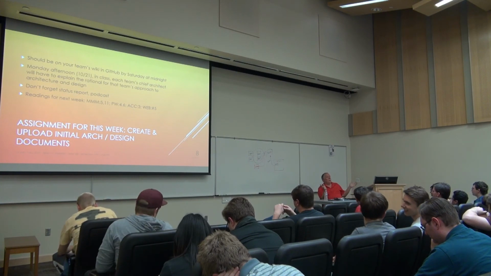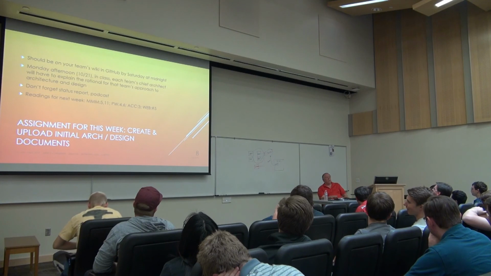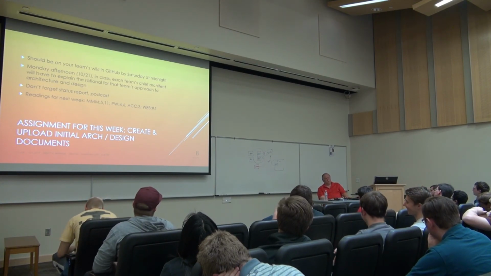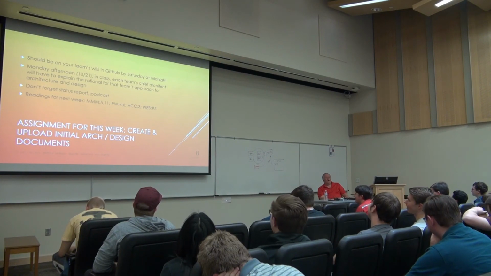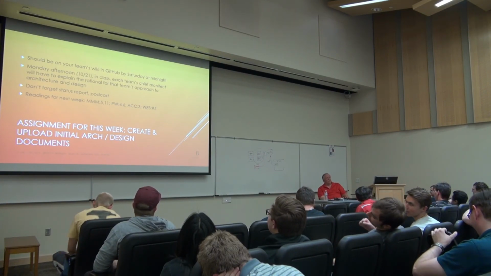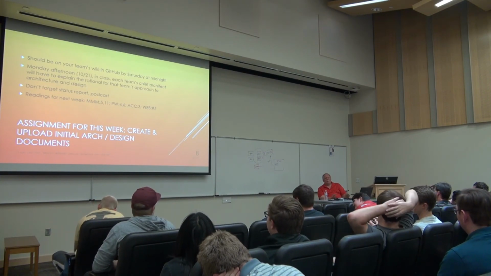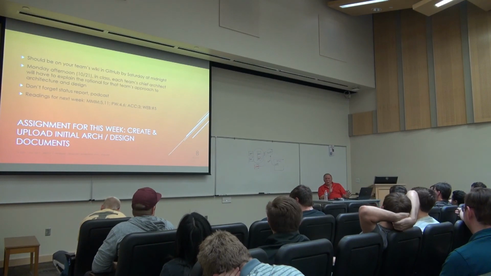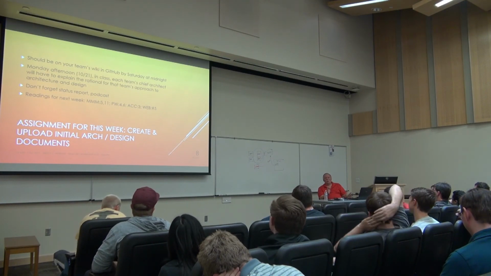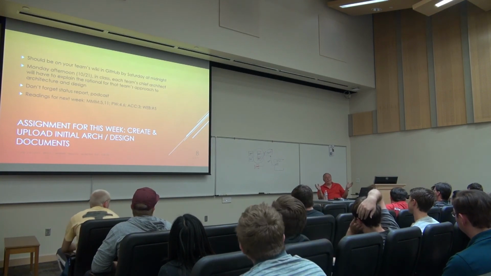Go back to, say, the winter 2019 wiki. Go through the projects, look at each of their architectural documents, and see which ones spark joy in you, and which ones you look at and say, oh, that's lame. Okay? And then focus on just copying and reproducing the ones that spark joy. Look for the ones that you look at and say, this is so cool, I like how they did this.